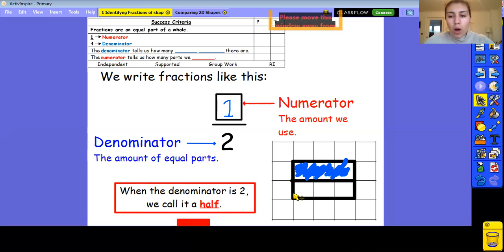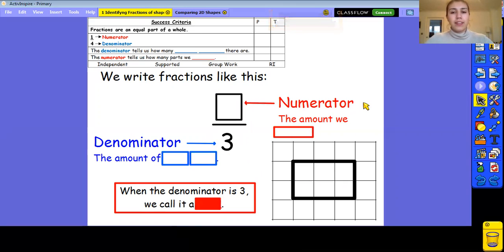So this is our whole shape and we split it into 2 equal groups. That's what our denominator shows us. And then the numerator, the number on the top, shows us that we've got one of these parts shaded in. So we would say that 1/2 of this shape is shaded.